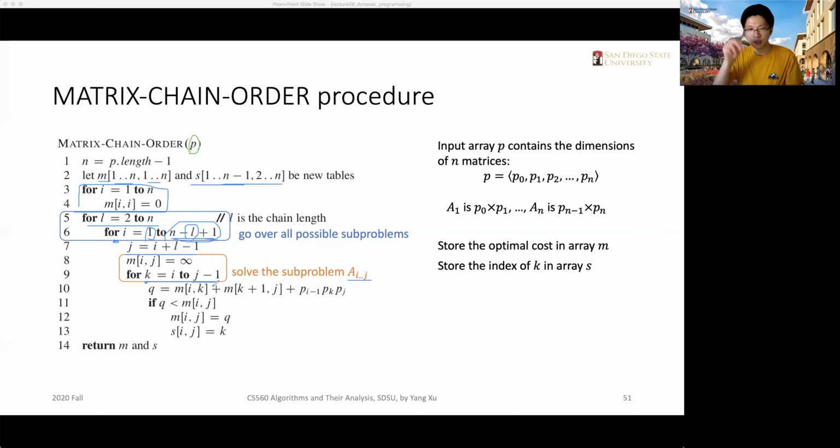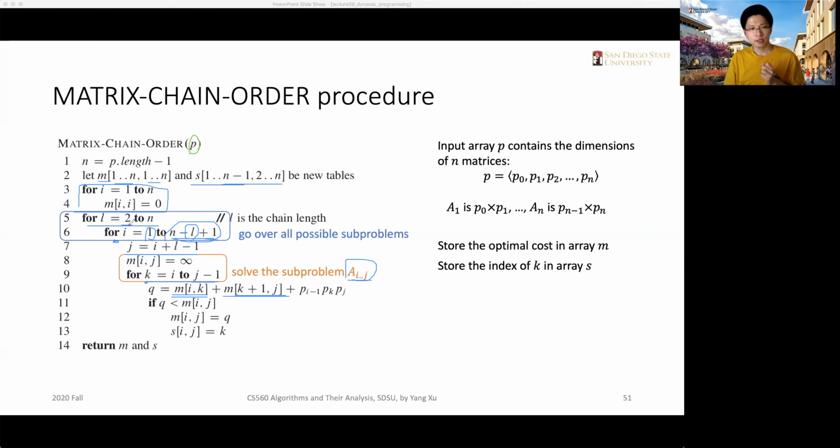So for each K, we will look up the values in the M matrix to see whether it's solved or not, okay? By the time we solve the subproblem from I to J, any smaller subproblems, such as from I to K and K plus 1 to J, are already solved because we start from the smallest subproblem first.